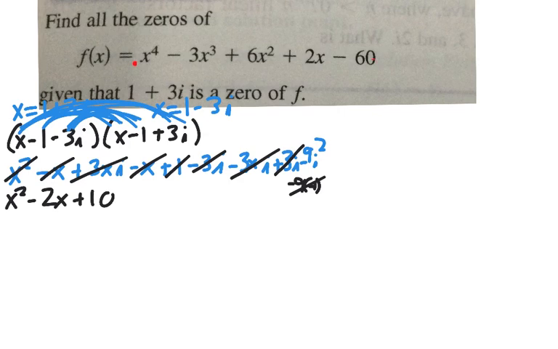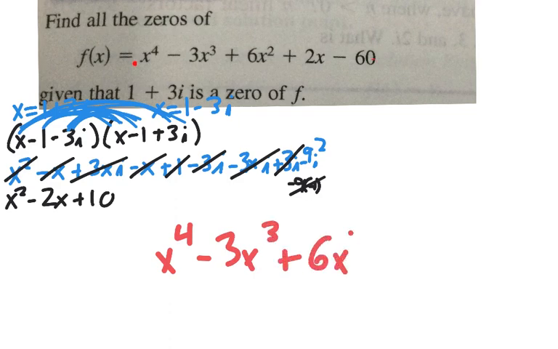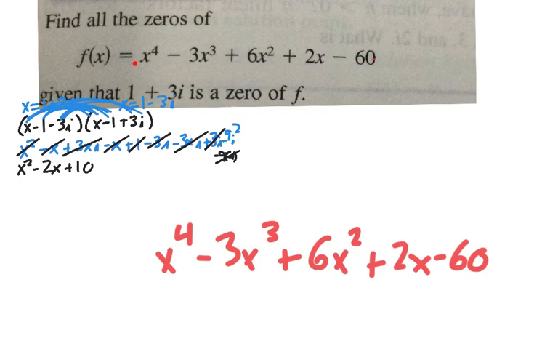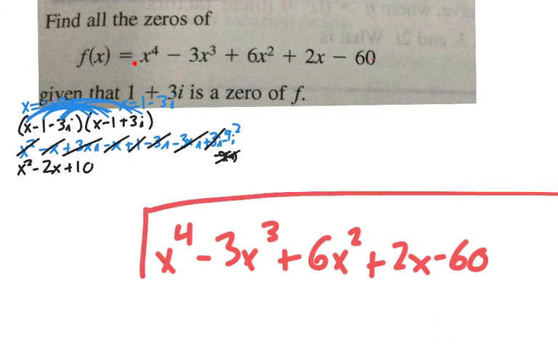So my original polynomial is x to the 4th minus 3x cubed plus 6x squared plus 2x minus 60. And I'm going to have to divide by the factor that I know works.